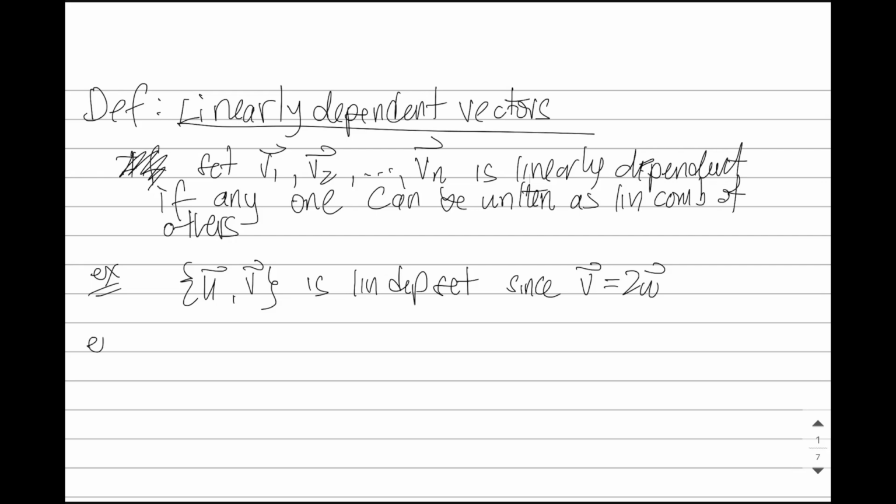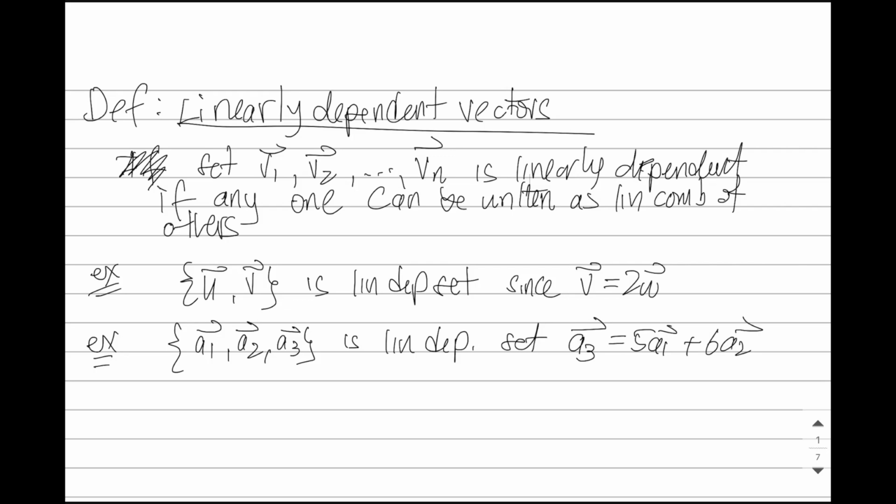Twice u is a linear combination. We are going to say that a1, a2, a3 is a linearly dependent set because a3 was 5 bunches of a1 and 6 bunches of a2. They are a linear combination. If a set is not linearly dependent, then we give it a different name, a linearly independent set.